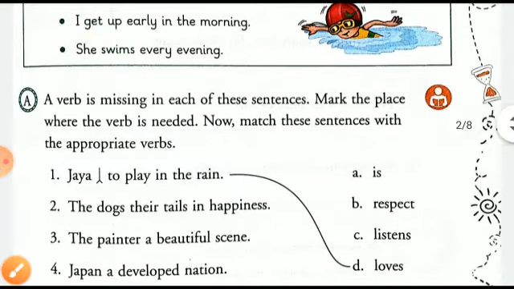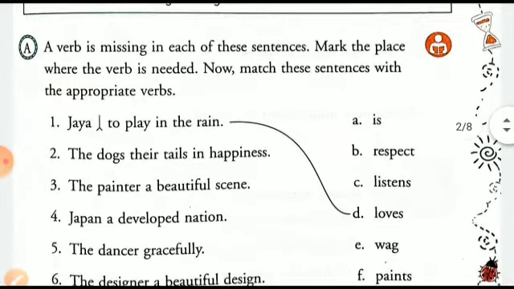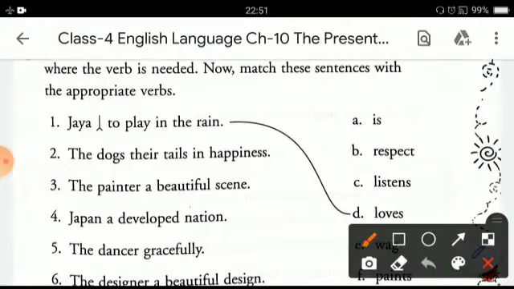Now let's do the exercise. A verb is missing in each of these sentences. Mark the place where the verb is needed. Now match these sentences with the appropriate verbs. Let's read sentence number 1. Jaya dash to play in the rain.